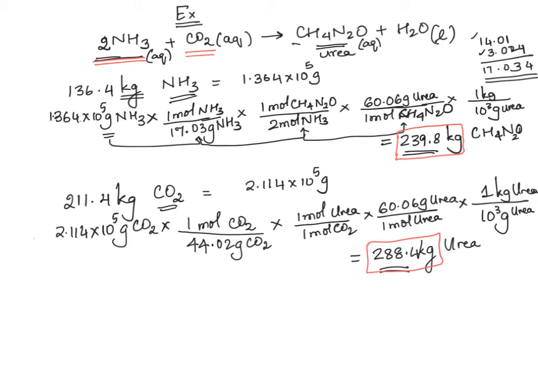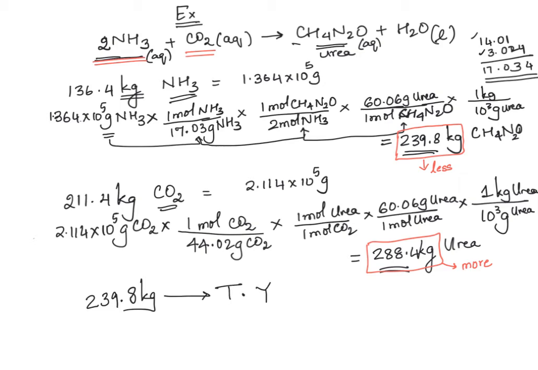When you compare, you will realize that this is less and this is more, right? 239 and 288. So please make a note of this. The less amount of urea, which is 239.8 kilograms of urea, is the theoretical yield.